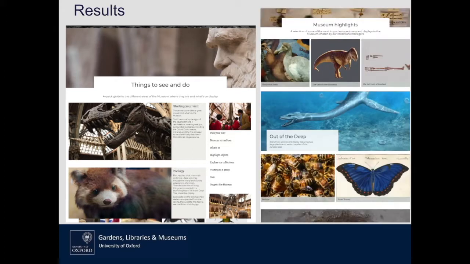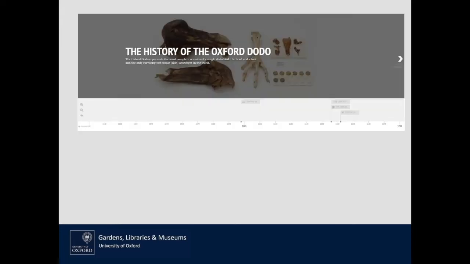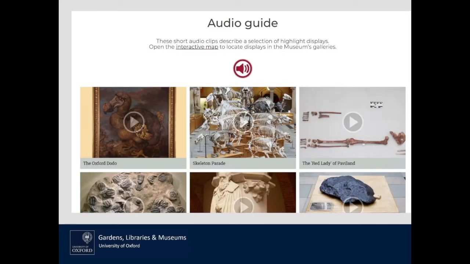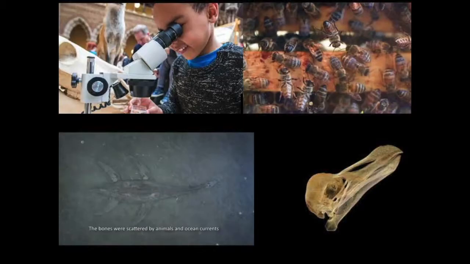The collection highlights, which included different visual elements, such as interactive infographics, timelines, audio guides, etc. We also included other multimedia content, for example, videos that can be found across several pages.